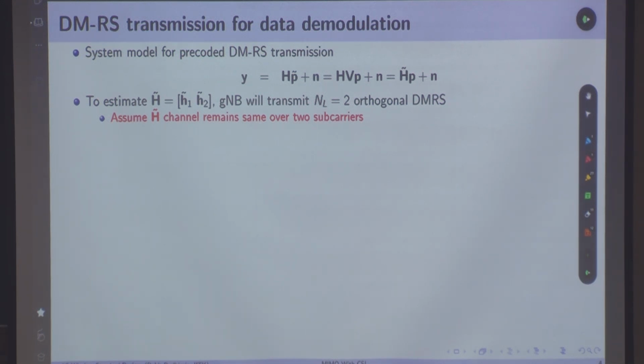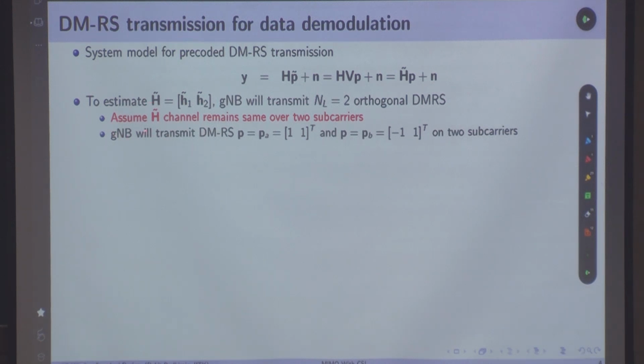You need 2 resource elements. We assume that there are 2 subcarriers and the channel remains constant over 2 subcarriers. This is a key assumption, and typically it's a valid assumption because 2 subcarriers are only 30 kilohertz away, so the channel doesn't change.